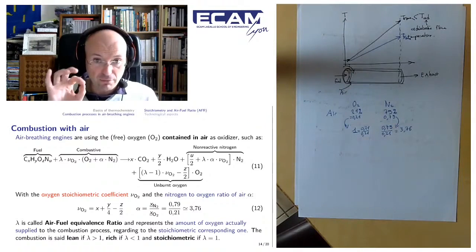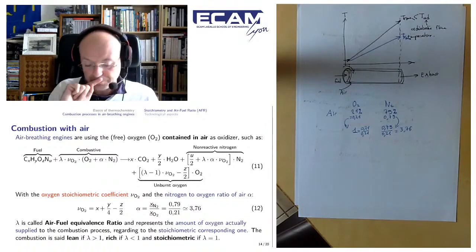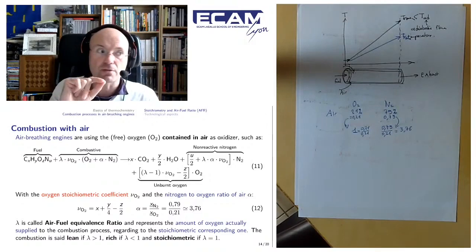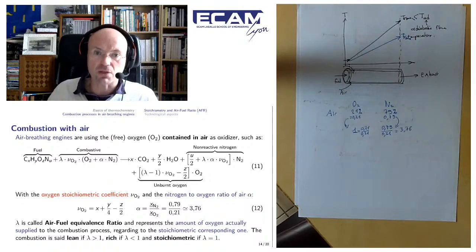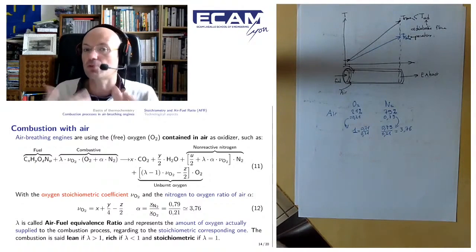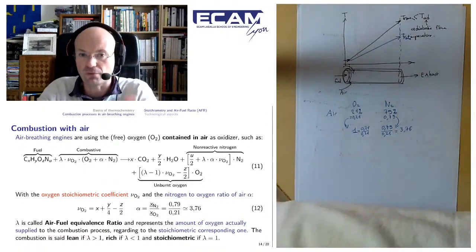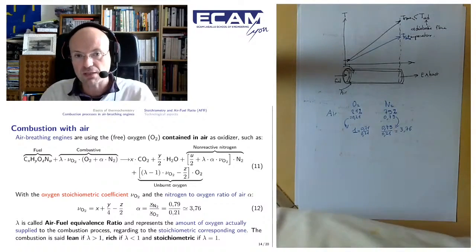We try to avoid the rich combustion, but there are some specific transient phases. For example, when you change the power, or change the rotational speed of the engine, or you are just starting the engine. In this kind of transient phase, the system is evolving so quickly that the fuel injection system doesn't have enough time to follow the rate at which the gas is consumed.